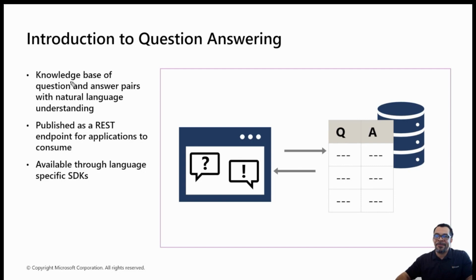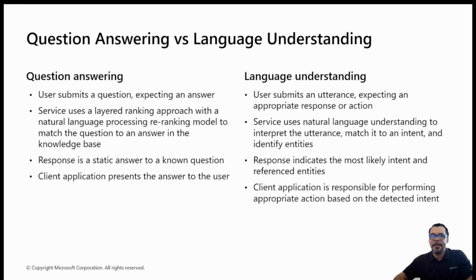This is published as a REST endpoint that you can have your applications consume. You can point your applications to the endpoint, perform a request, and then the model will respond back to you. As with all of our other services, there are many different SDKs out there that you can utilize.